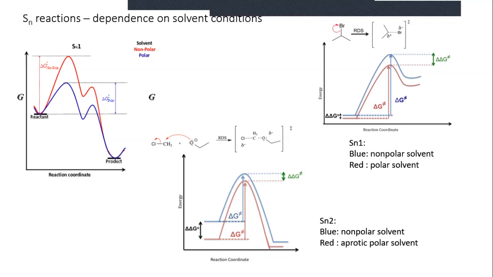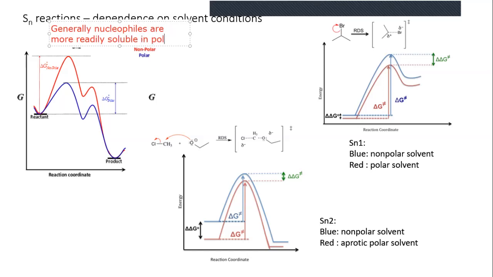So generally, if you have a polar solvent for substitution reactions, it's going to help lower the activation energy.